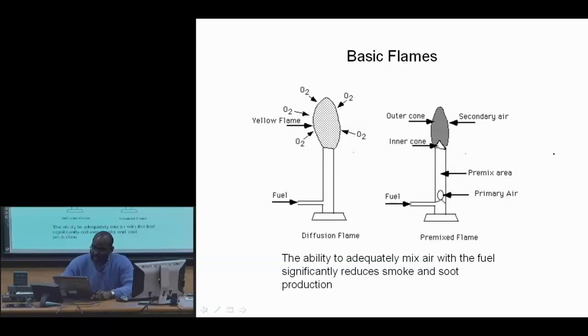If this thing is globally rich, so we have more fuel than we have oxidant, so our equivalence ratio greater than 1, then we'll have a region here where we basically will burn out all of our oxygen, and then a later region over here where it's the excess fuel that burns perhaps as a diffusion flame.